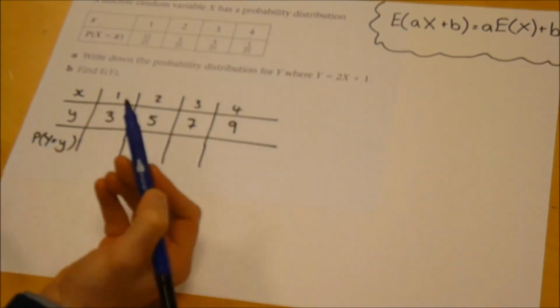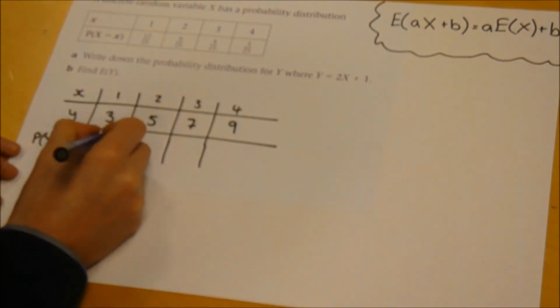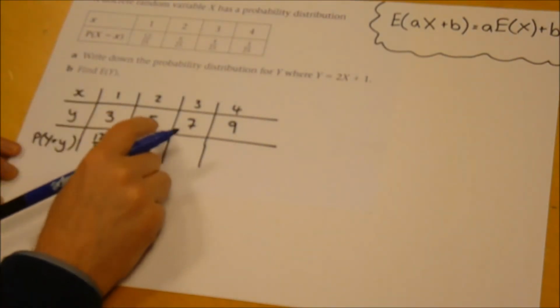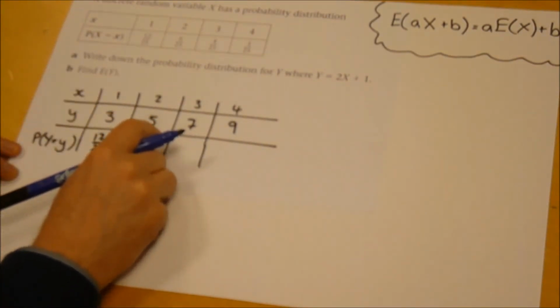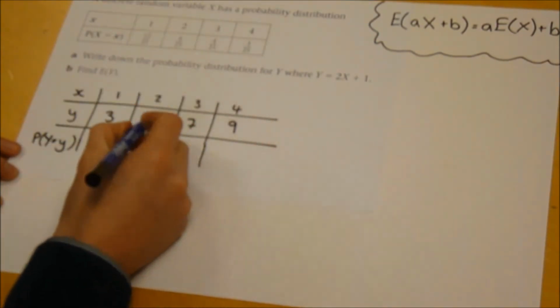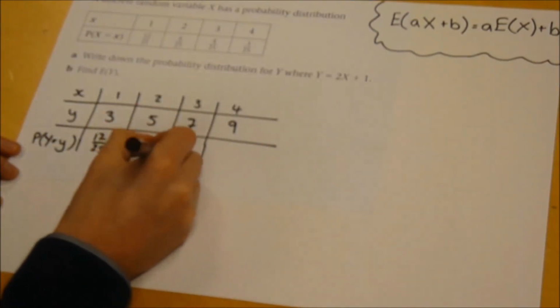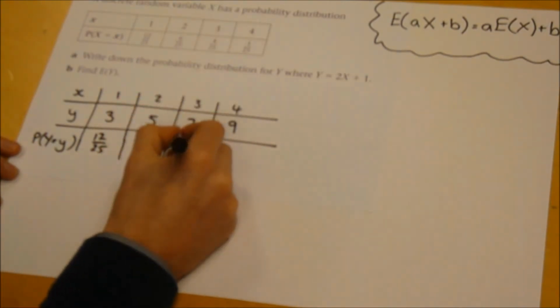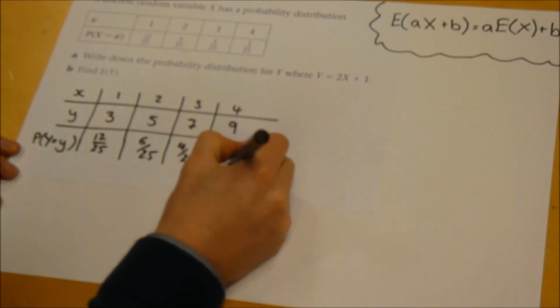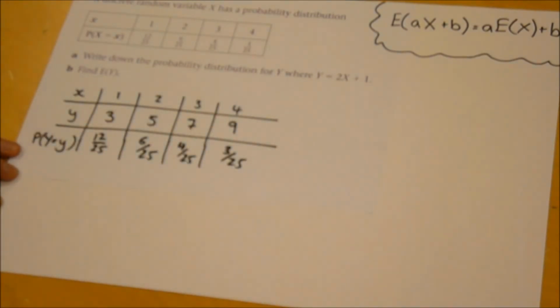So y would equal 3 with probability 12 out of 25. Well, y equals 5 when x is equal to 2, and that happens 6 out of every 25 times. And in a similar way, this one will be 4 out of 25, and this one will be 3 out of 25. So that would be our probability distribution for y.